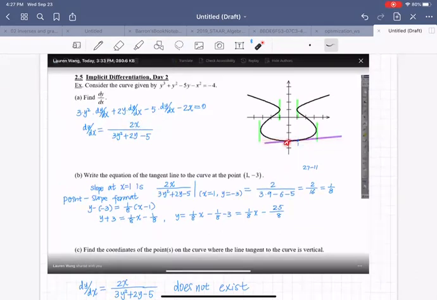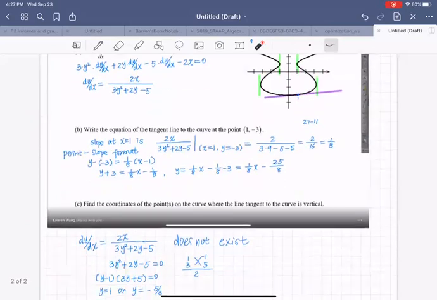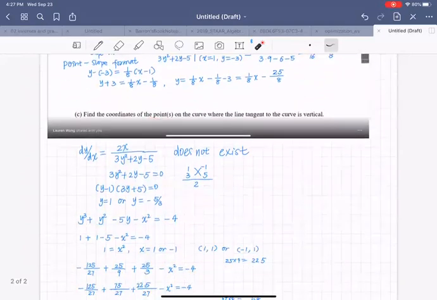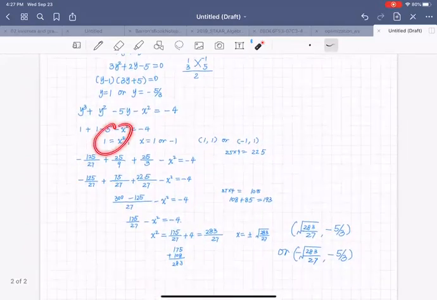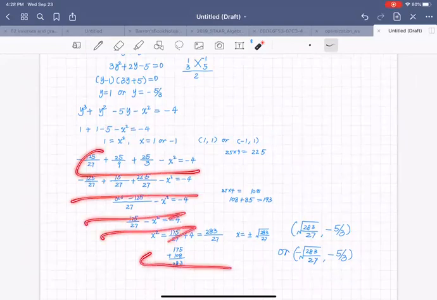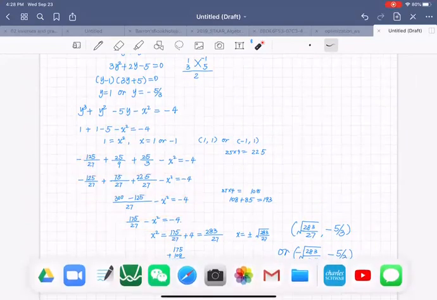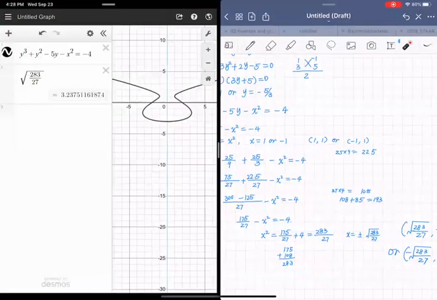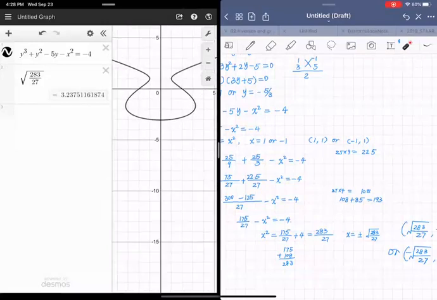They also want to find the vertical tangent line, so you can visually see it's over here and over here. Then you want to find the locations. This simple point is okay. The other points are very complicated. We have to solve it very carefully. I believe in their quiz or test, they will give you those kind of questions.